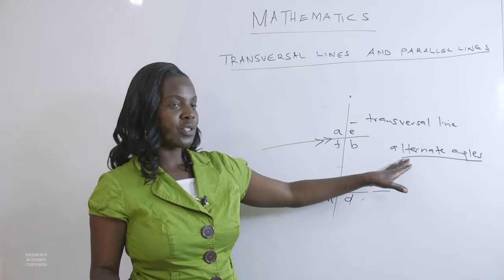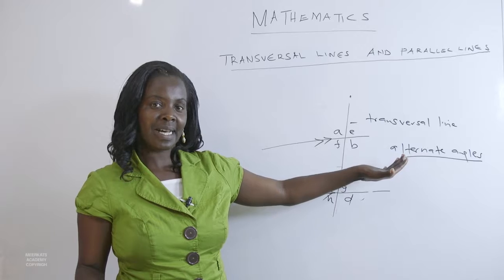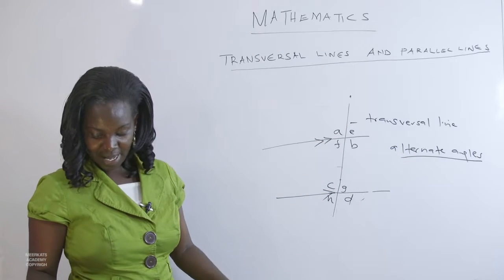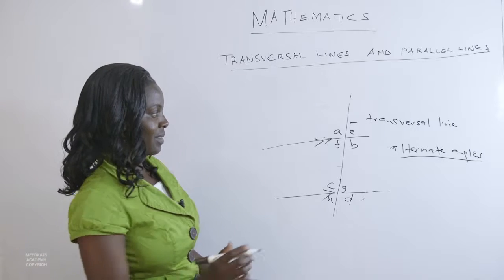So alternate angles normally appear on the opposite sides of the transversal and inside the other two lines.